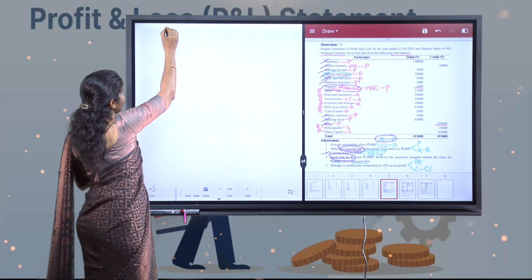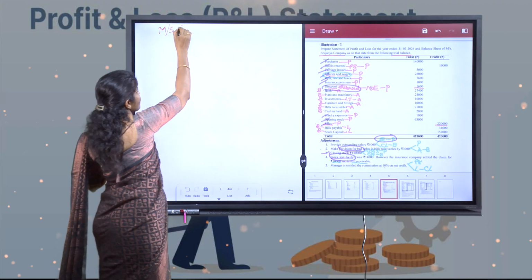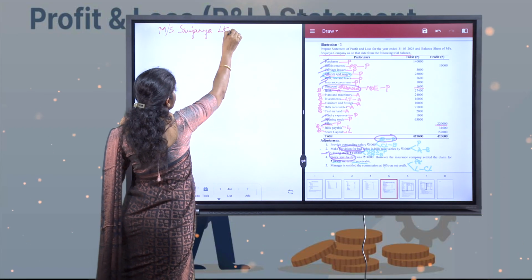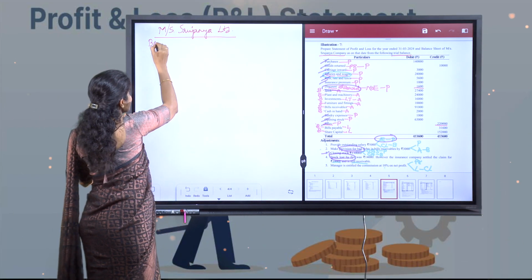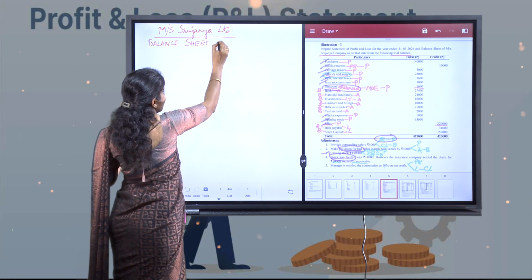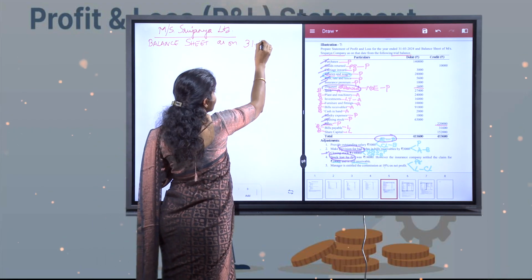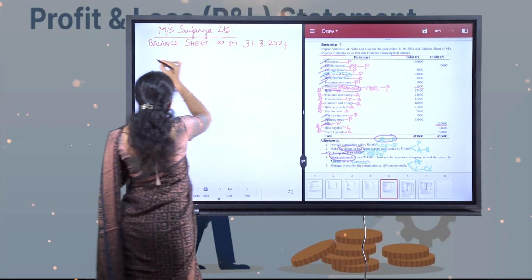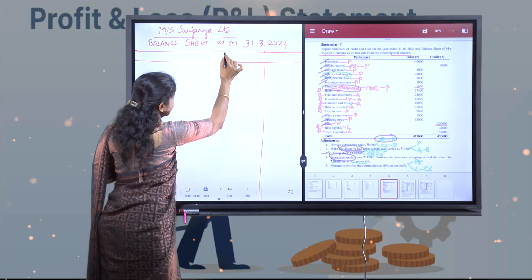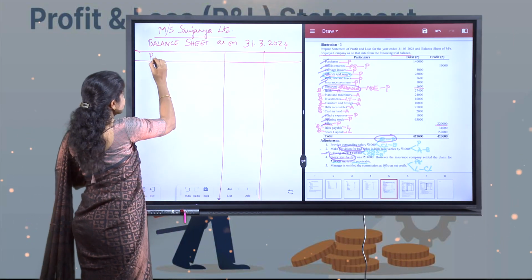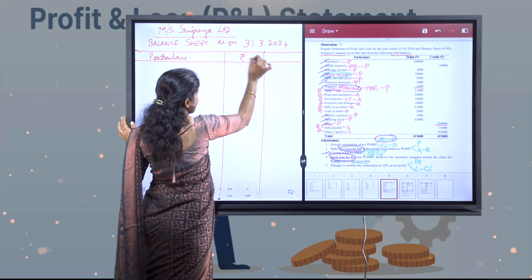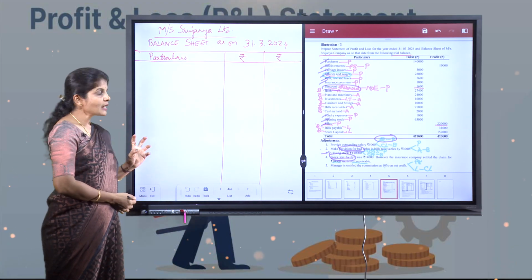Let us give a heading: balance sheet of Srujanya Limited as on 31st March 2024. Particulars, amount in rupees.